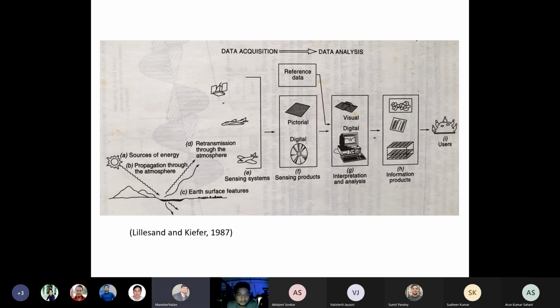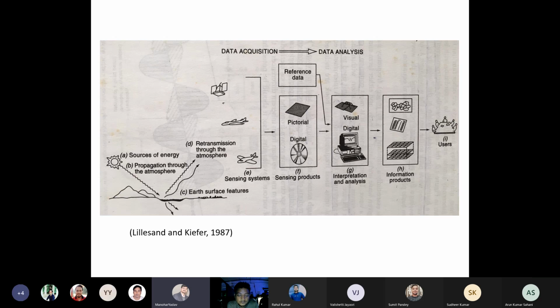This process is not so easy. But in satellite-based imaging, once you install the satellite in a specific orbit, it is continuously revolving around the Earth's surface and continuously providing you the image data.